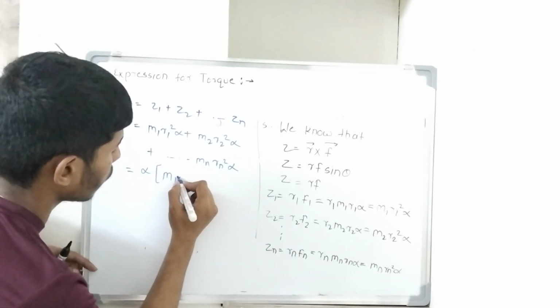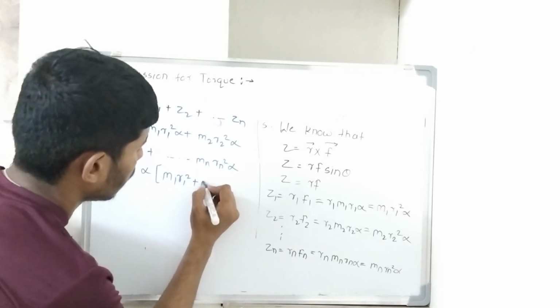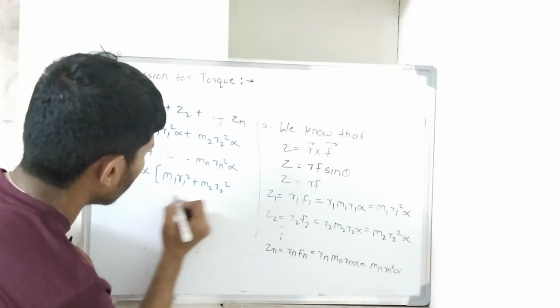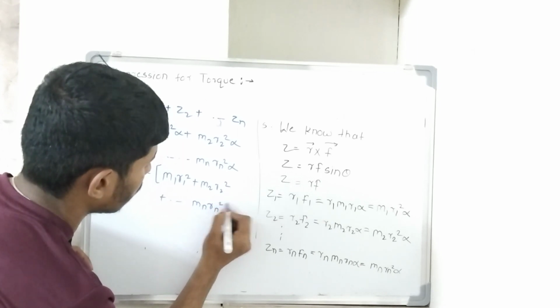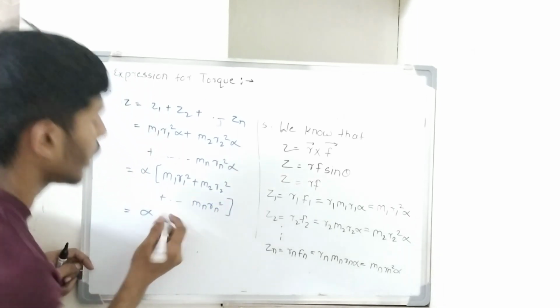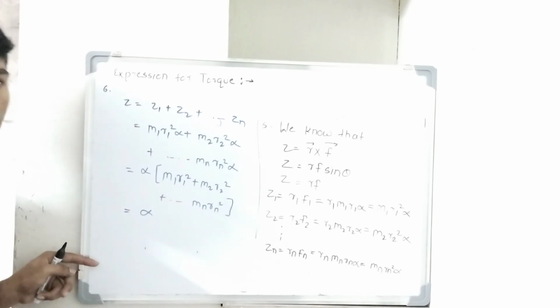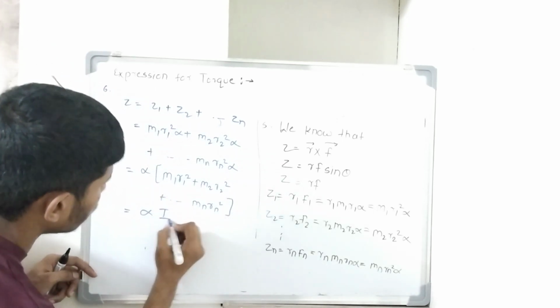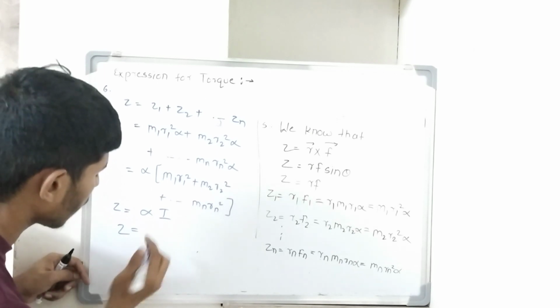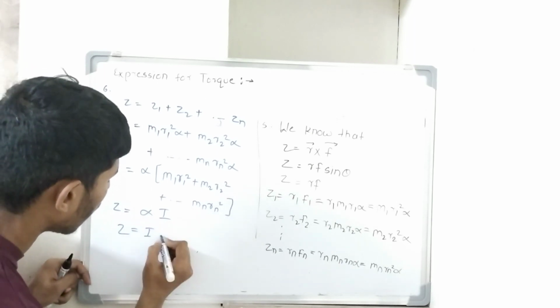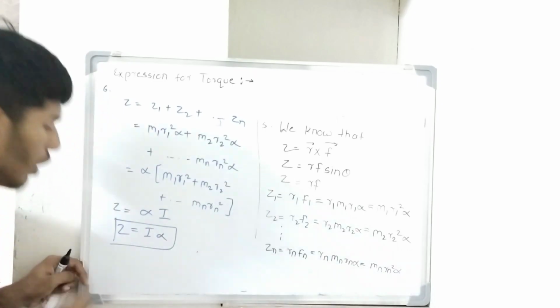Here it will be m1 r1 square, m2 r2 square and mn rn square. You know that this will be moment of inertia, so it will be I. So the final magnitude of the angular torque will be tau is equal to I alpha. Understand?